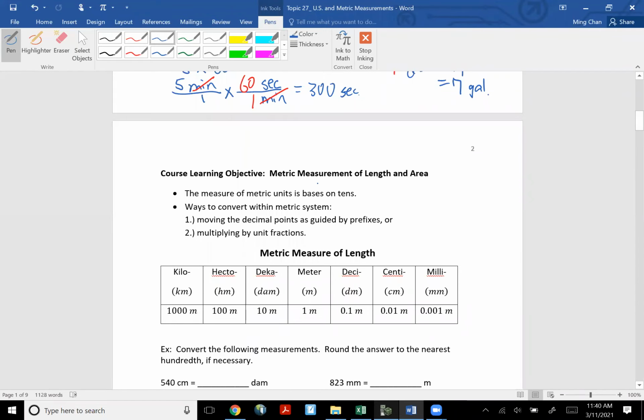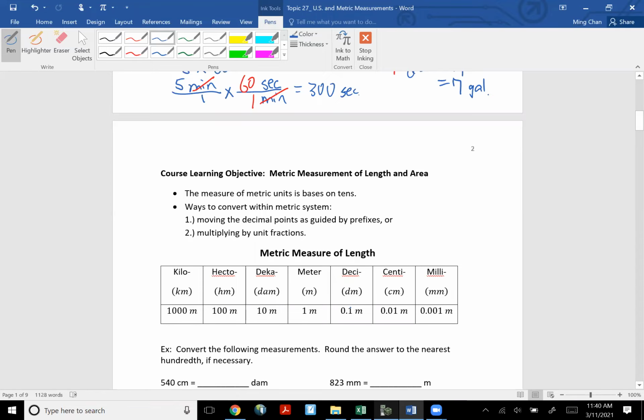The metric unit is based on 10, just like our number systems. Here is your whole number. Here's your 1 meter. To the left is 10. The next one to the left is 100. The next one to the left is 1,000. So kilo means 1,000, hecto means 100, deca means 10, and meter, liter, gram is all 1 unit.